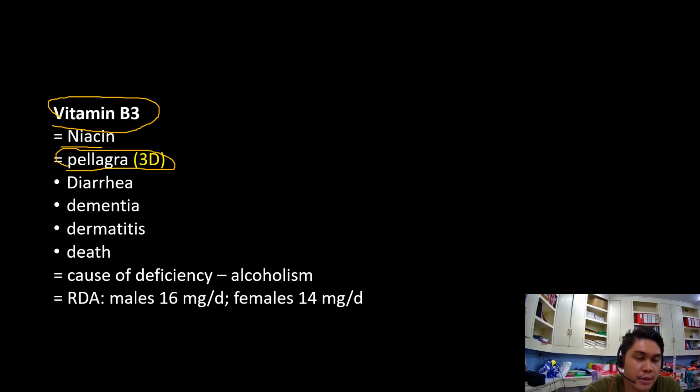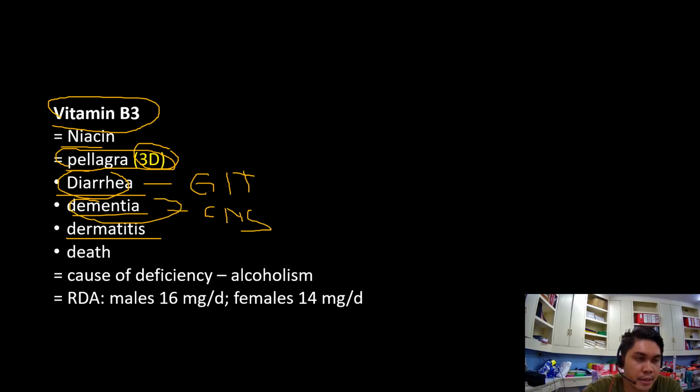And in pellagra, you need to remember the 3Ds: diarrhea, dementia, and dermatitis. So for diarrhea, it's associated with your gastrointestinal tract, dementia, CNS, and dermatitis, you have skin.